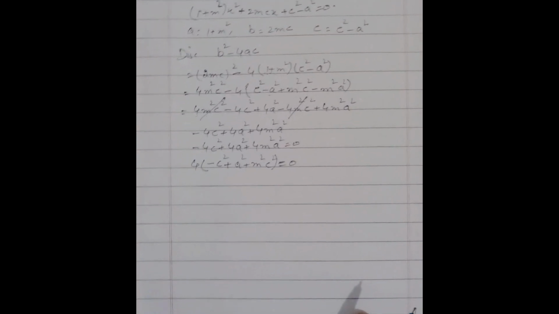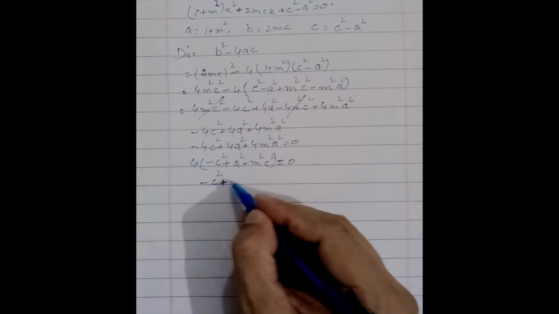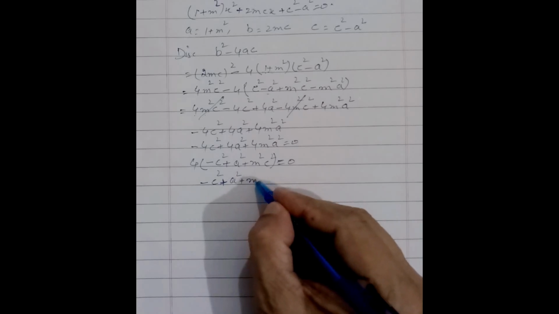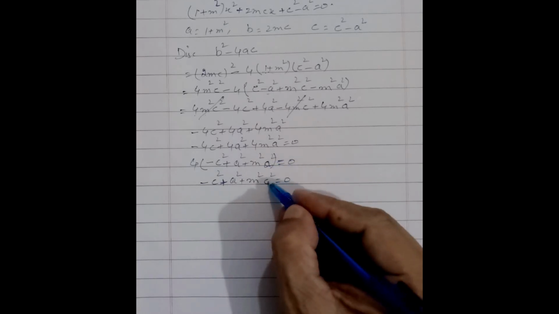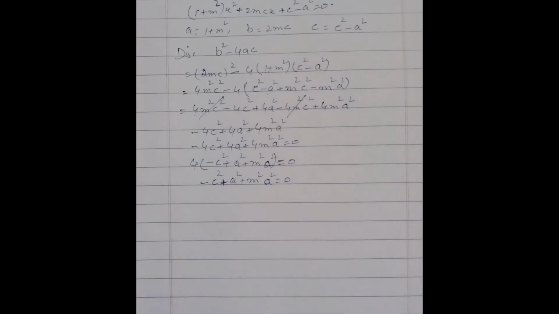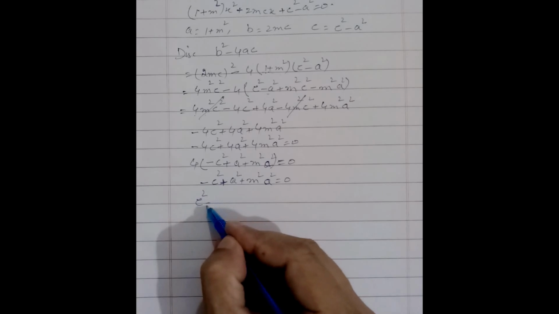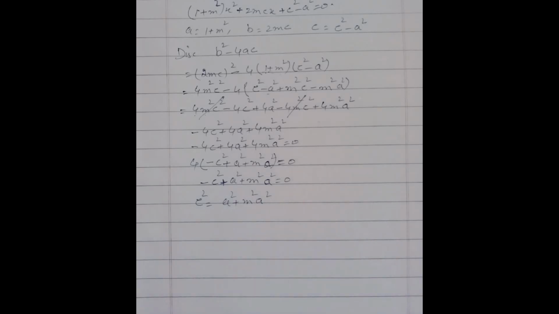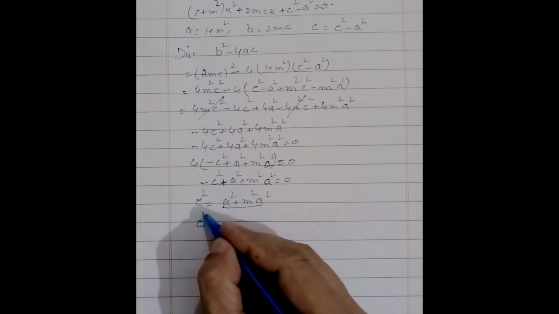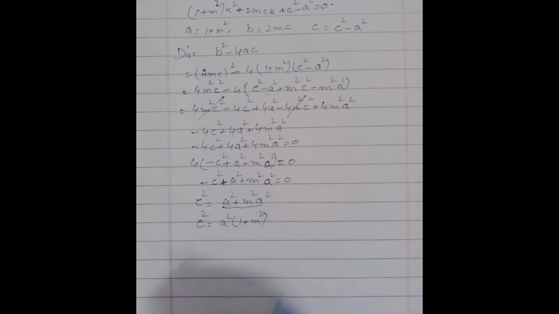Divided by 4 both sides. We can shift minus c square on the right hand side, we get c square is equal to a square plus m square a square. In this we take common a square, we get c square is equal to a square bracket 1 plus m square.